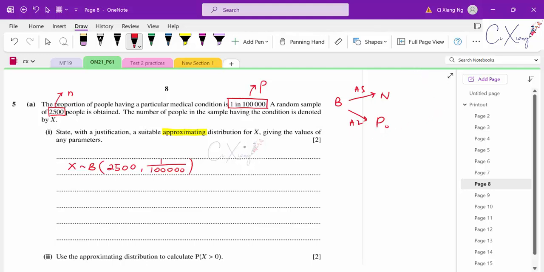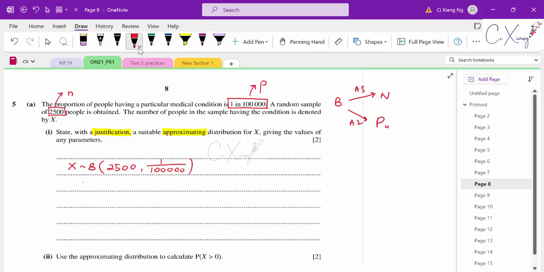But what they are asking is with a justification. That means you actually have to figure out, before you change binomial to Poisson, whether the binomial distribution fulfills the condition or not. Okay, so you have to show them the justification here.